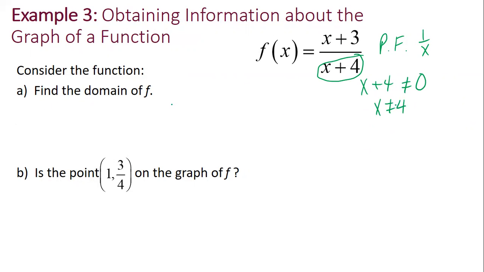So when I'm writing my domain in set notation, braces x such that x doesn't equal -4. That's an option. If I'm writing it in interval notation, my graph is going from -infinity to -4. However, once I get to -4, I have to stop and then resume. So either one of these is an acceptable way of describing the domain of this function.